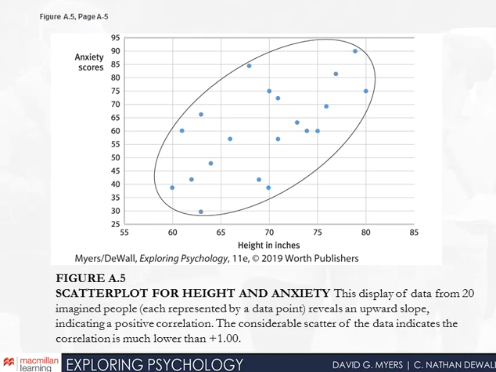So we can see that there is a theme that it seems to be going in a positive direction, but it's rather fat. It's like a blob, like a saucer. Okay, if it was more like a fat cigar, we would think it would be a stronger correlation. If it was a straight line, and all the data points fell on that straight line, it would be a perfect correlation. So the scatter plots give us a real good idea of the type of correlation that we're looking at.